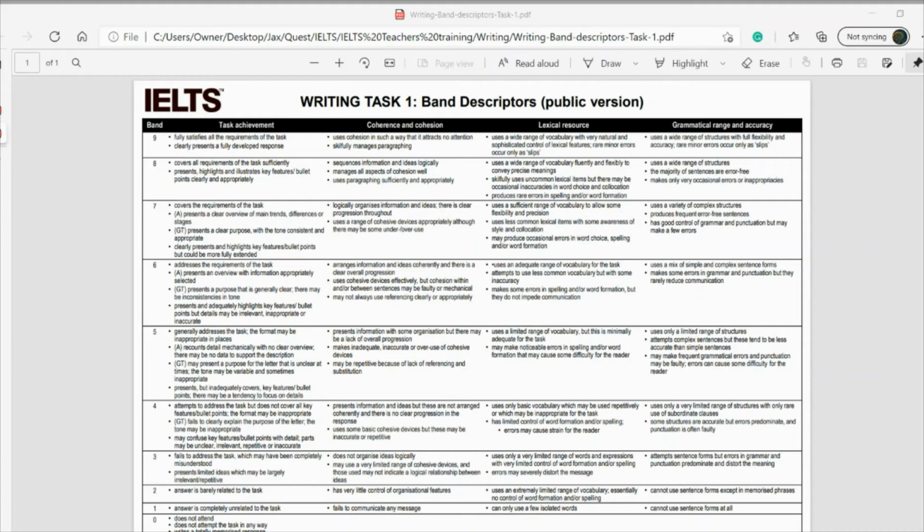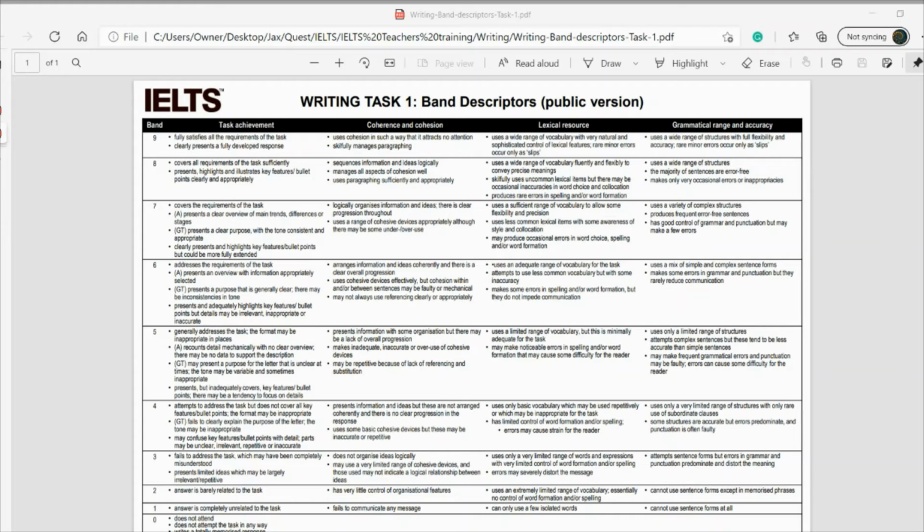Task achievement. Basically, did you do what they asked? And did you do it in a minimum of 150 words? Coherence and cohesion. This is all about clarity and fluency, how you organize and link information, ideas, and language. Do you link ideas through logical sequencing? Does it make sense?